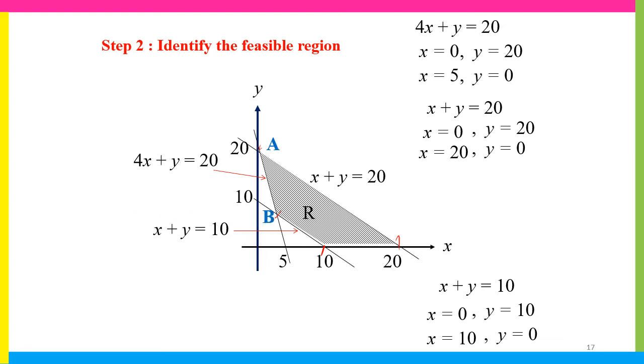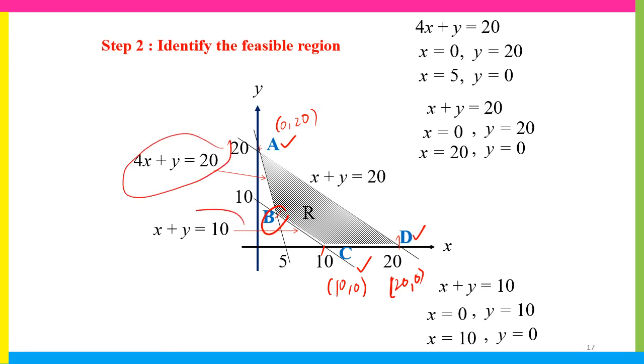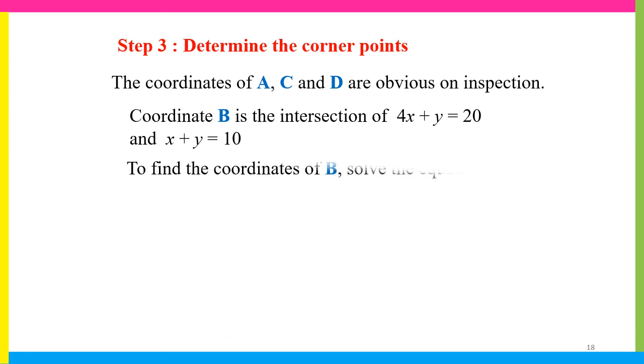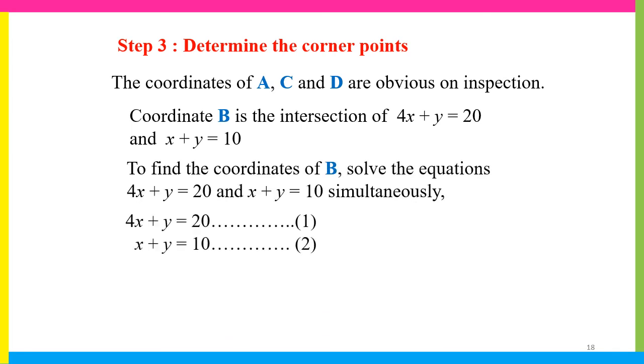Let's say this one is A, and then we have B here, C, and D. For A, C, and D, we directly know the points: A is 0, 12, C is 10, 0, D is 20, 0. But for B, we need to find the intersection between the line 4x plus y equal to 12 and the line x plus y equal to 10, simultaneously.